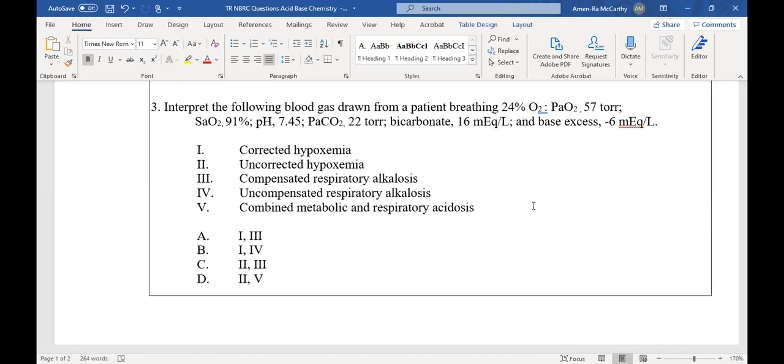Uncorrected hypoxemia. So number 2 has to be in it. So we are down to a choice between C and D, because A and B ain't it.